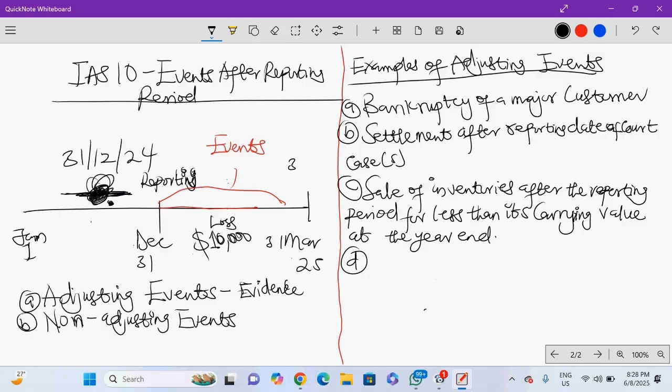Another example that I can give is a decrease in the value of long-term investments.